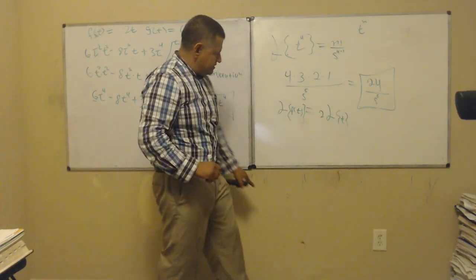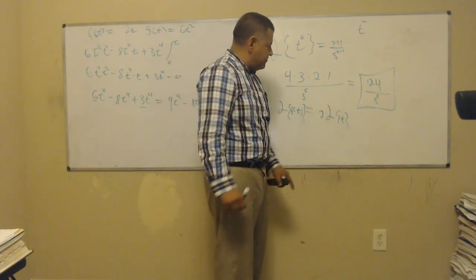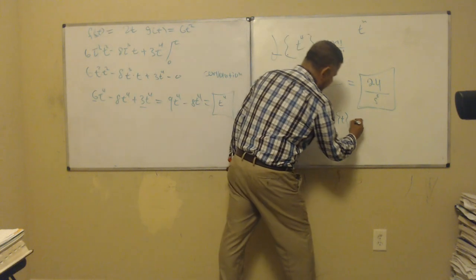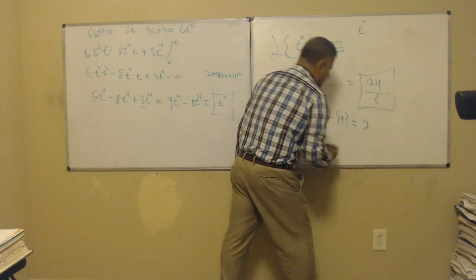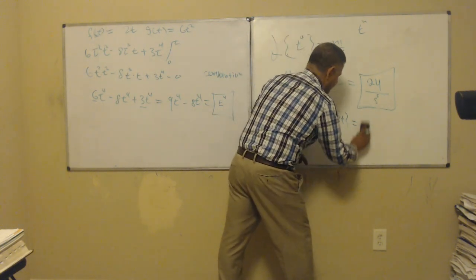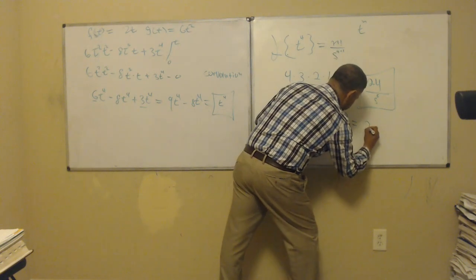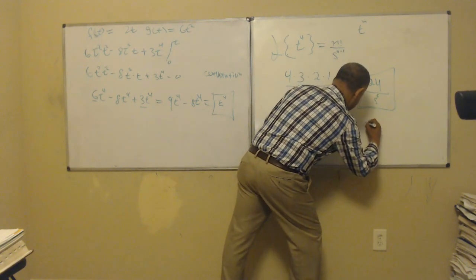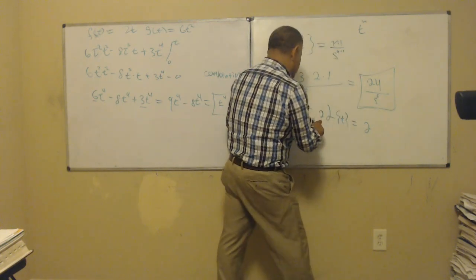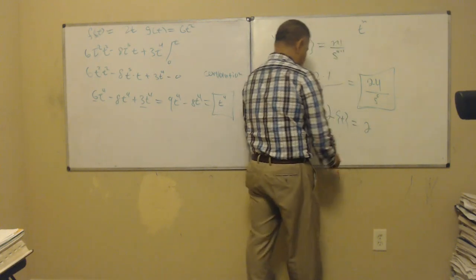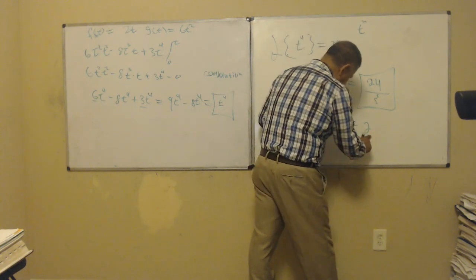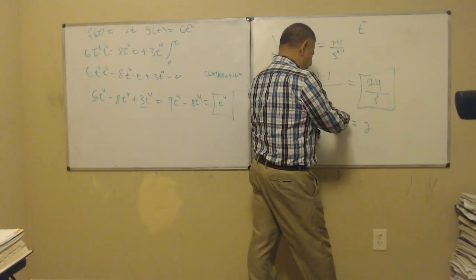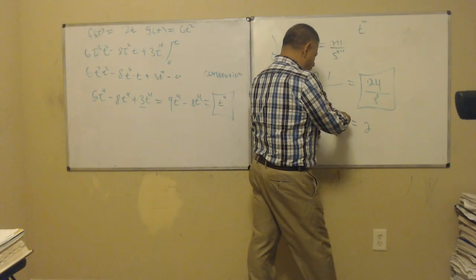Now notice that t is to the power of 1, so what I will do is the following. I will take that t and put it like this. This 2 right here comes over here, and I get the following.